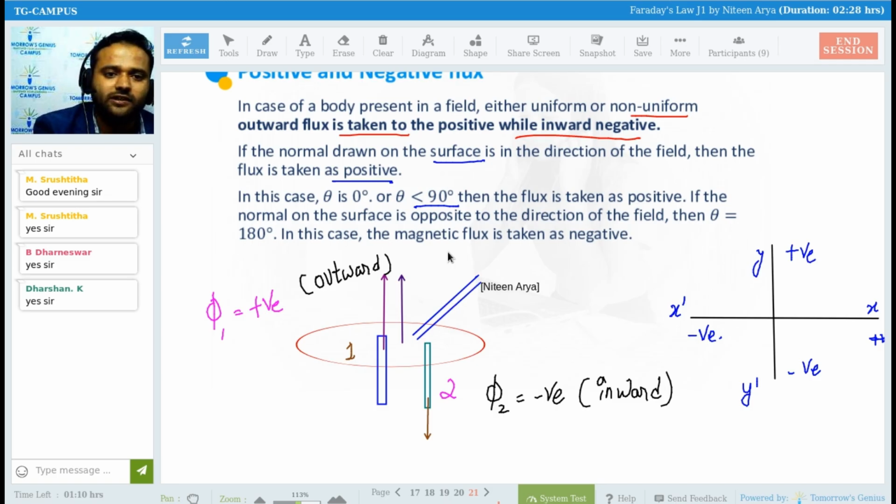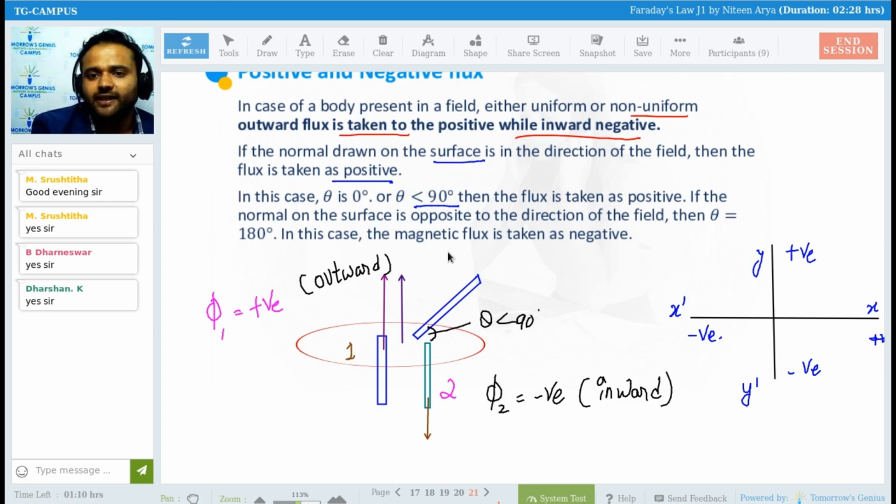It's my choice. It's in my hand. In this way I can do that also. So now I have some angle, this particular theta is less than 90 degrees. Clear now everyone?